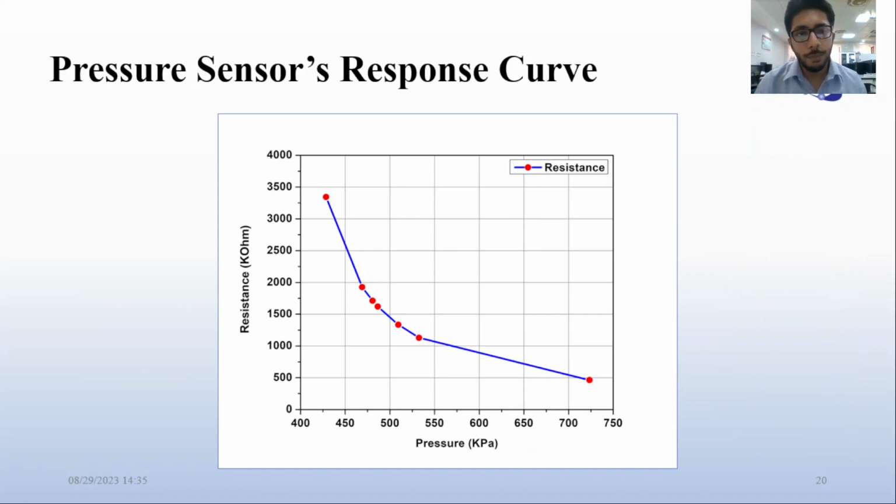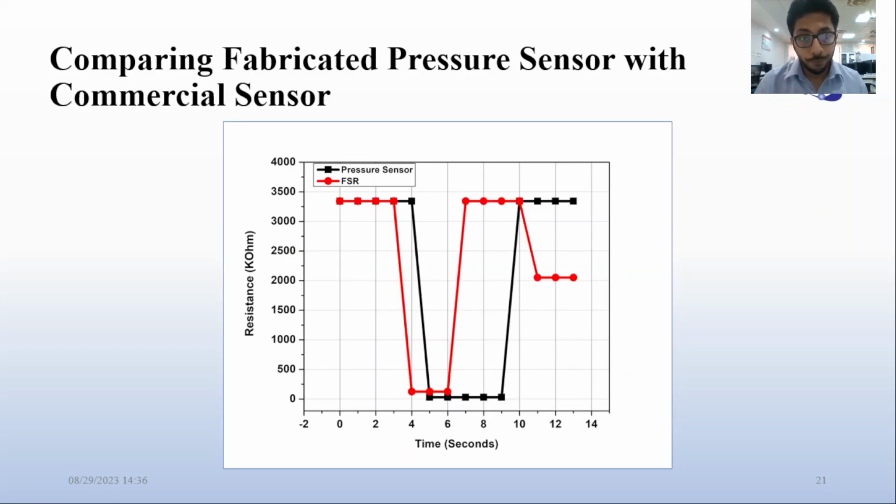So this is the pressure sensor's response curve. This shows pressure in kilopascal and resistance: as the pressure is increased, the resistance gradually decreases. So this shows the negative piezoresistive behavior of our sensor. And not only this, we have also compared our sensor with the commercially available force sensing resistor, and we can see that its response is similar.